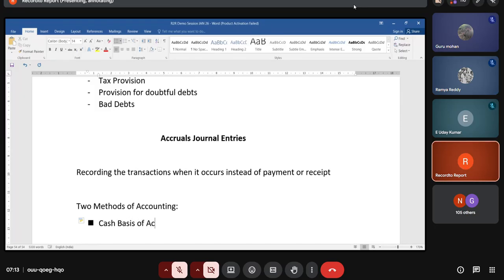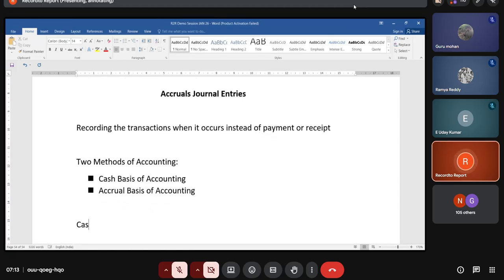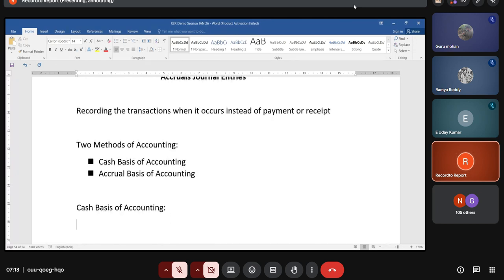Basis of accounting, and another one is accrual basis of accounting. First understand the cash basis of accounting so that you will understand what the accrual basis of accounting is.